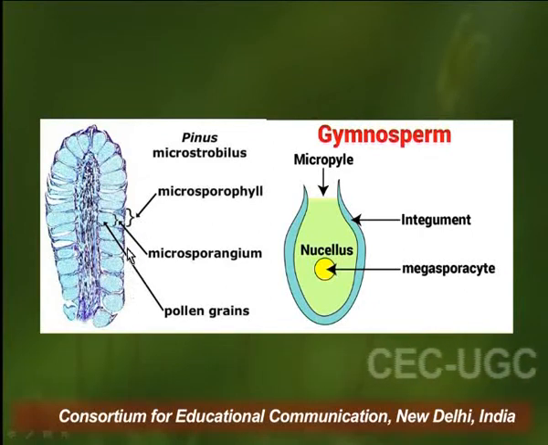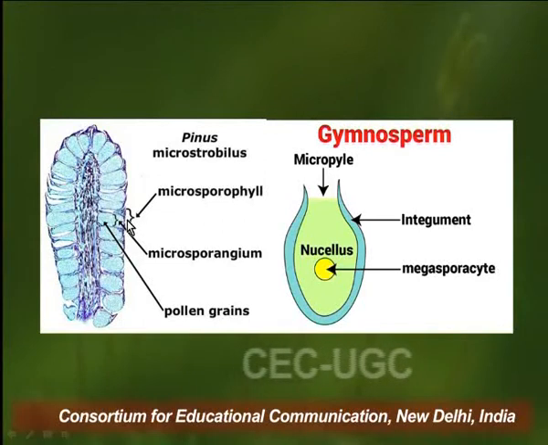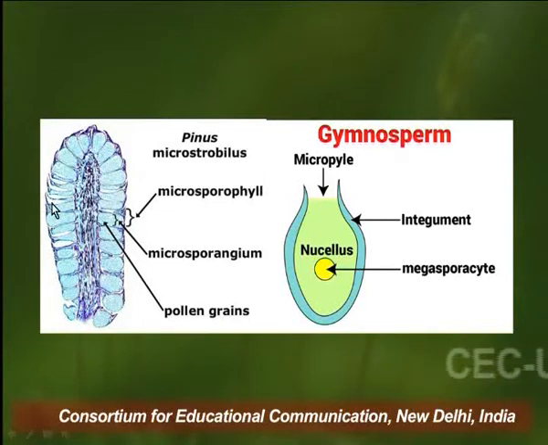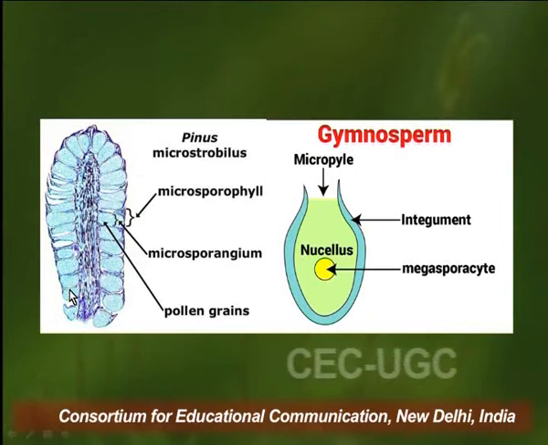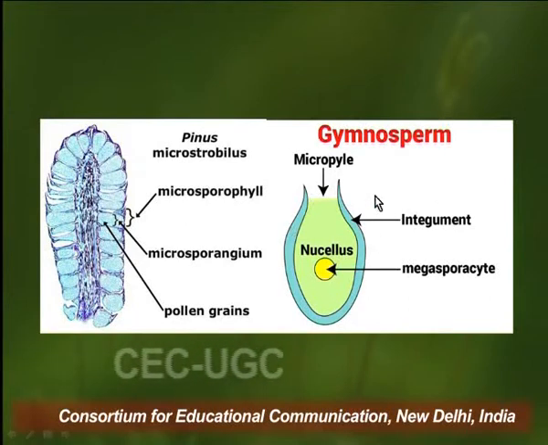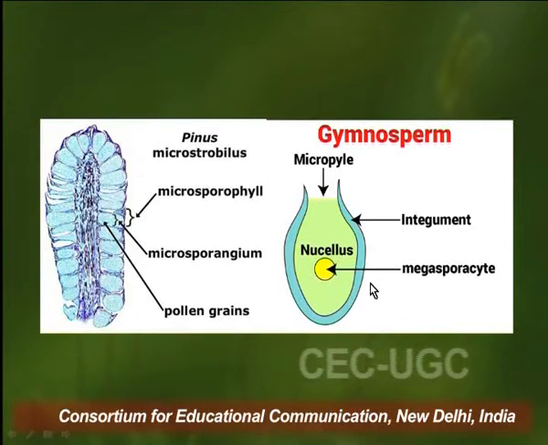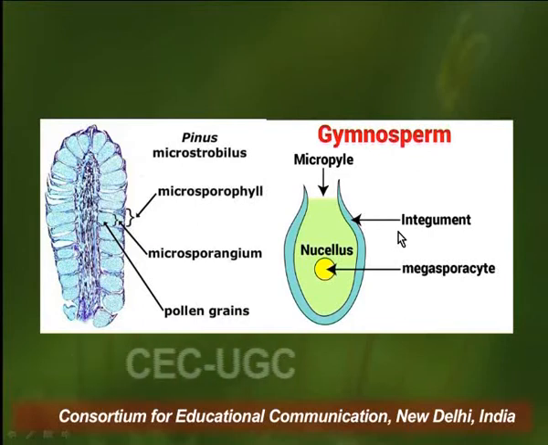The structures which bear these microsporangia on their lower side are termed microsporophylls, and the cluster of such microsporophylls is called a microstrobilus. On the contrary, the megasporangium, also called ovule, is found on the adaxial side of the megasporophyll, and the cluster of these megasporophylls is termed megastrobilus.